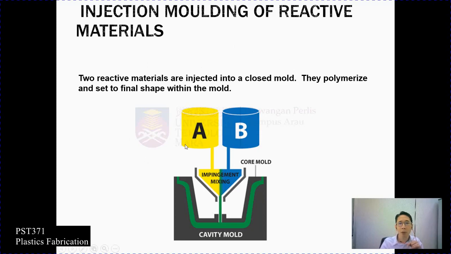So when both the epoxy and the curing agent mix together and fill the mold cavity, it will solidify. Okay, very simple process. They eliminate the process of what we call the hand layup technique.